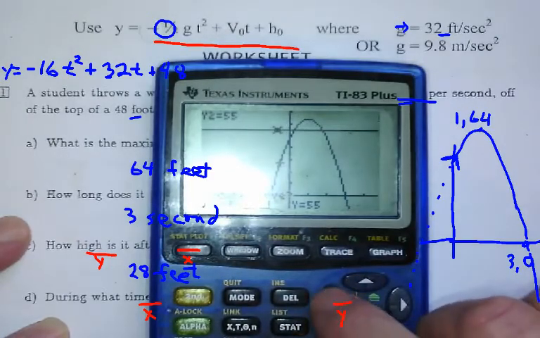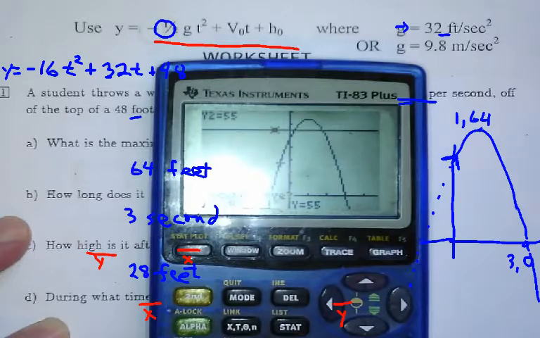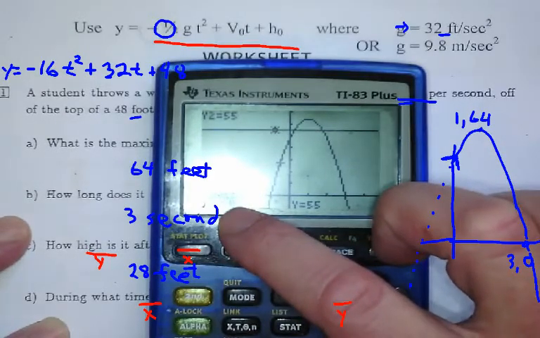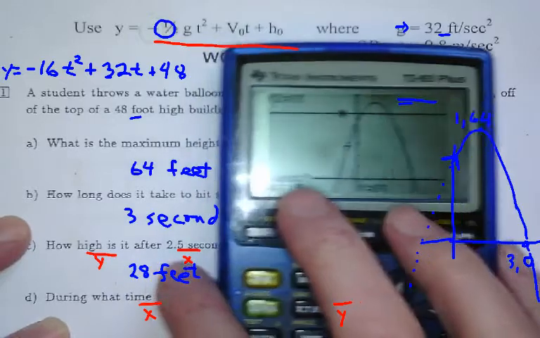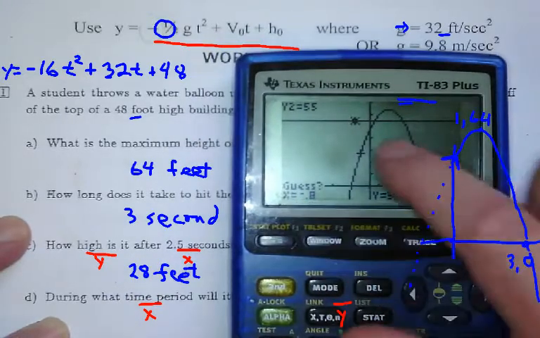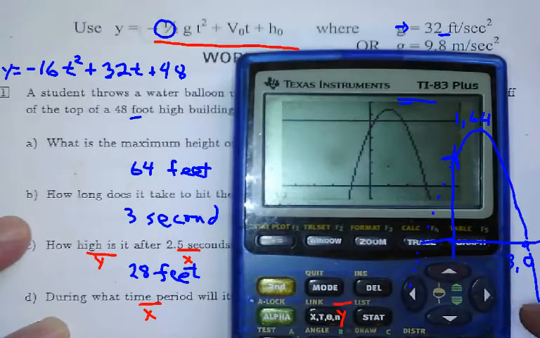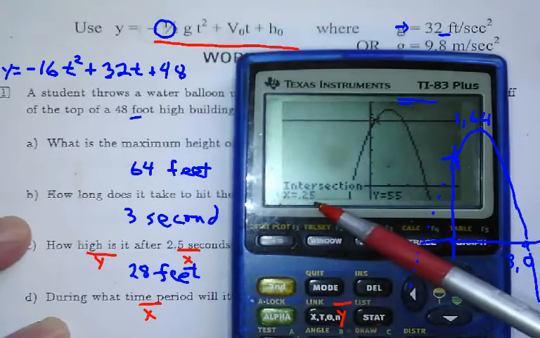Now the second thing I drew was this line, and I say yes, I'm on the second curve. And then it says, where do you want it? It says guess. Oops, you can't see that. Guess. So there's 2 intersection points, so I have to be on one. And it'll tell me that this one happened at 0.25 seconds.